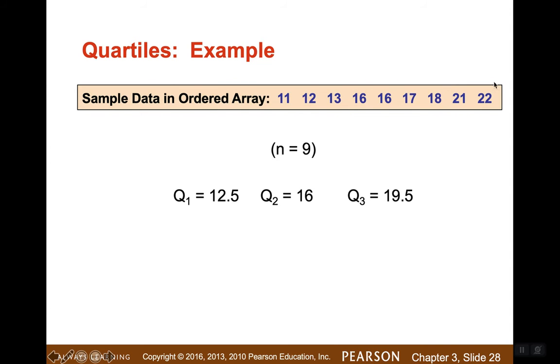So this is only the remaining 25%. Everything below 19.5 makes up the 75%. So 25, 75, 25, 75, and then 50-50. Once again, our first step is always going to be in these situations to sort the data. We want to create a sorted array.